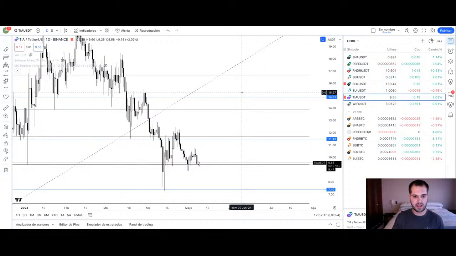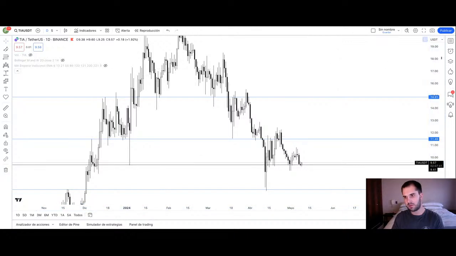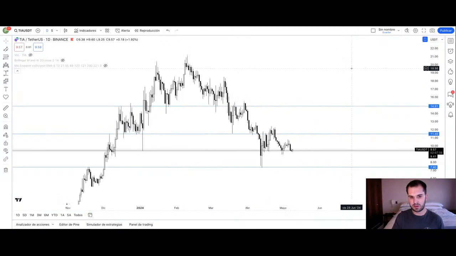TIA has been just lagging. I'm going to delete this Fibonacci retracement, but you can see the levels there. We're currently at support around $9.4, which was an inflection point from January 3rd. It's been backtested as support on March 29 and March 19.